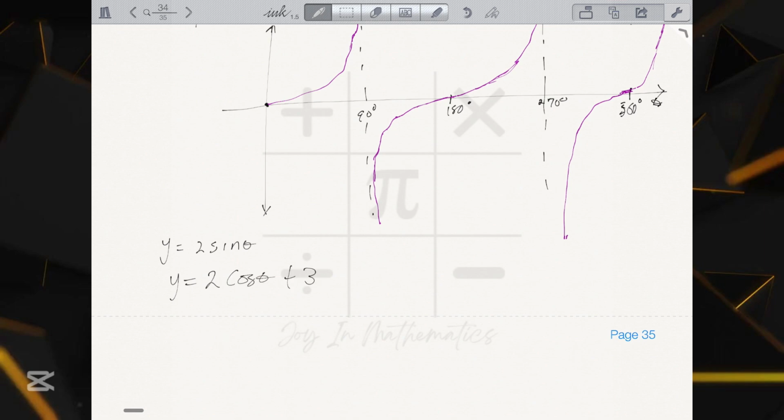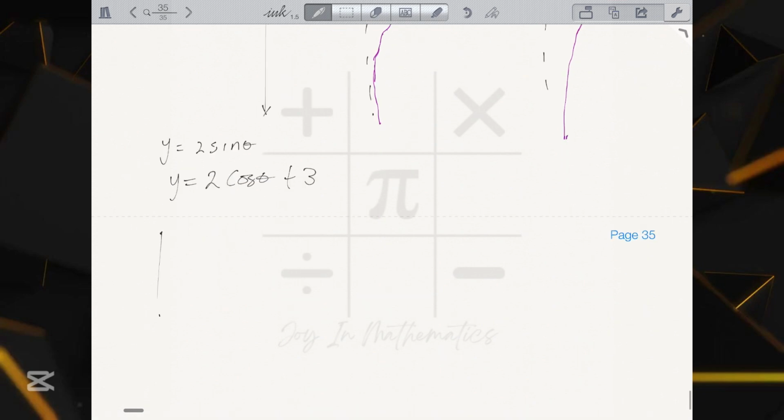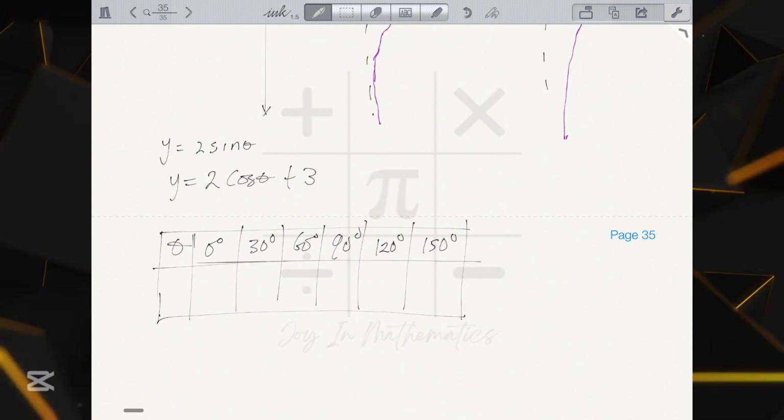All we have to do is draw a table of theta, ranging over values, maybe 0 to 90 or 0 to 180. So we can have 0 degrees, 30 degrees, 60 degrees, 90 degrees, 120 degrees, 150 degrees, and you can stop at 180 degrees. Then you evaluate the value of y. All you have to do is substitute these into the equation.